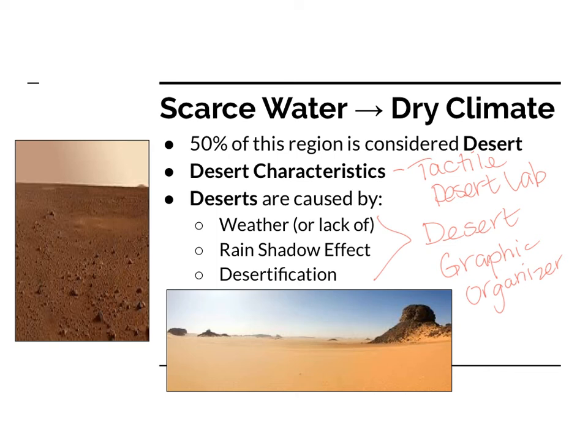As it gets over the top of the mountains and goes back down the mountain where the air starts to get warmer, whatever water is left in those clouds is going to evaporate. And so on the windward side of the mountains, you have very lush, very vegetative, wet areas. On the other side of a rain shadow, the other side of those mountains, you have very dry, very barren deserts.